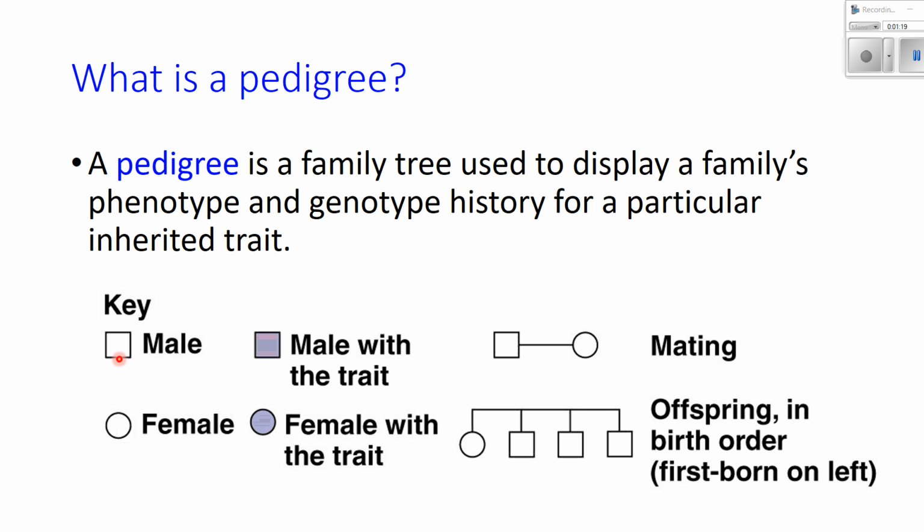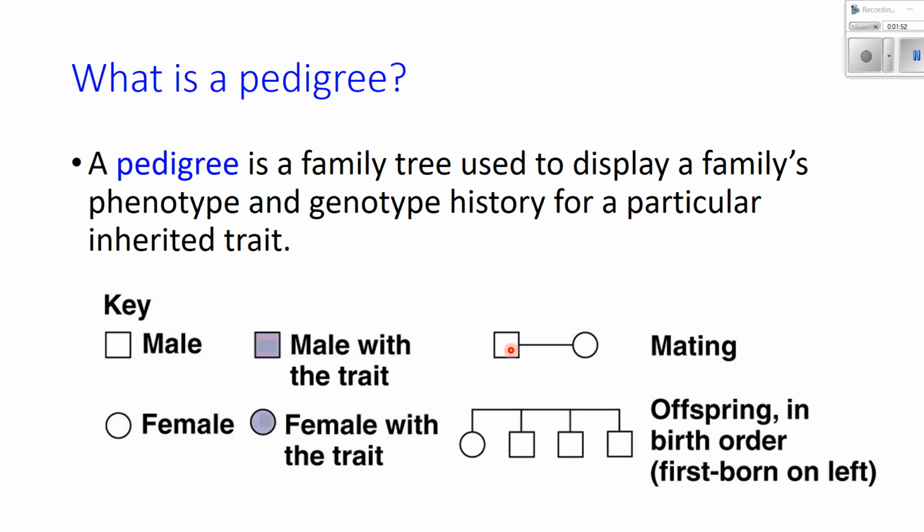If the square or circle is blank and not shaded in, that means that particular person does not show whatever trait you're tracking. That person simply did not inherit that trait. However, if the person is shaded in, as this square or this circle are, that means that person does show the trait that you're interested in.